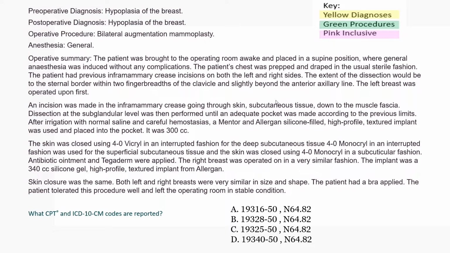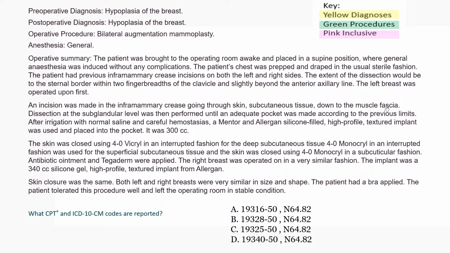The patient's chest was prepped and draped in the usual sterile fashion. The patient had previous inframammary crease incisions on both the left and right sides. The extent of the dissection would be to the sternal border within 2 finger breadths of the clavicle and slightly beyond the anterior axillary line.